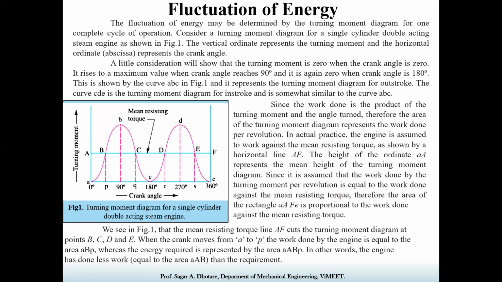As the crank moves from A to P, the work done by the engine is equal to the area ABp, which is shown here. It is a small curve. Whereas the energy required is represented by the area aBP.